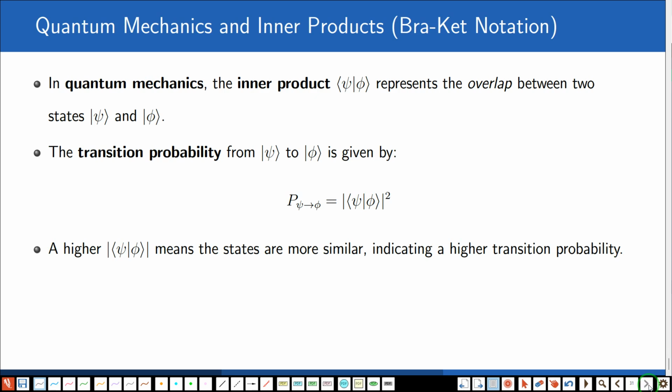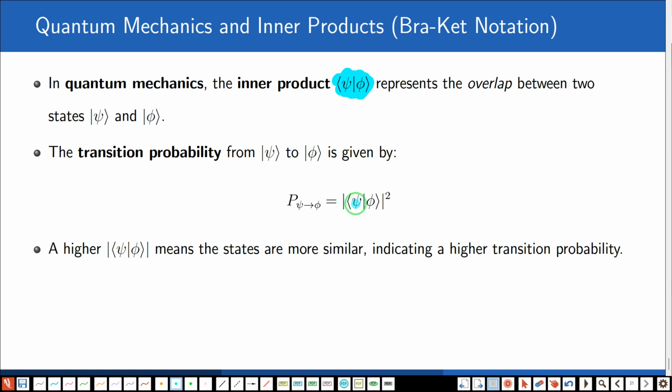That's the bracket notation between two quantum states, psi and phi, and that's called the overlap. The overlap of the two states psi and phi is represented by this, and that's simply an inner product.